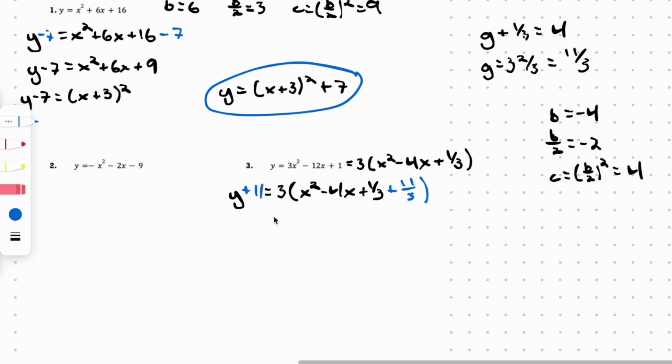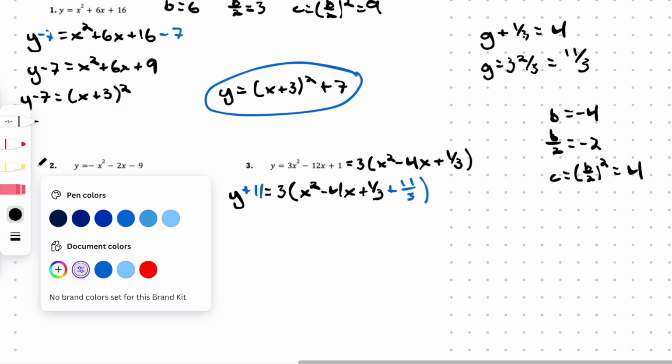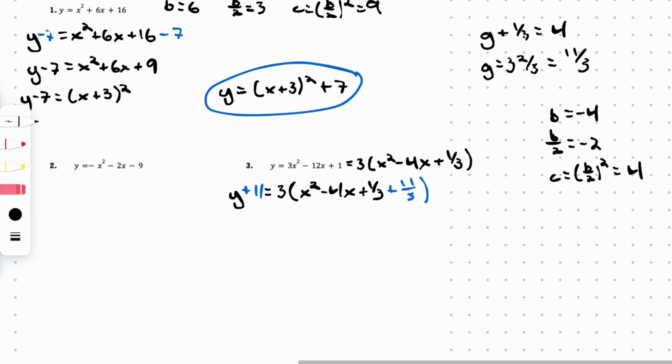That's something you definitely want to be mindful of, because it's easy to make a small mistake by just adding 11/3 to both sides. So now we have y plus 11 equals 3 times x squared minus 4x plus 4.